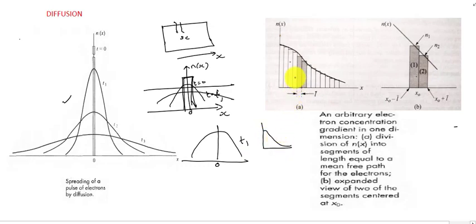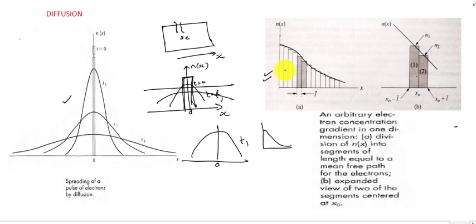So this is the one-dimensional view of n of x, and since it is symmetrical, we will consider only one half of that distribution graph, and we will divide the distribution of n of x into different segments of equal length L bar.